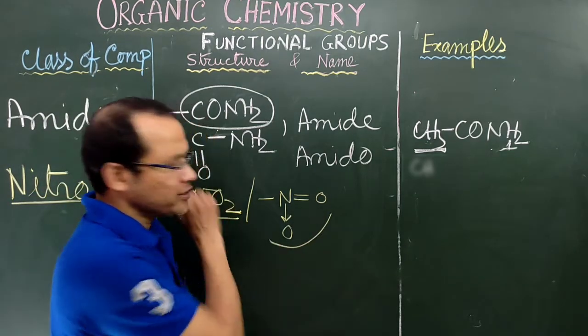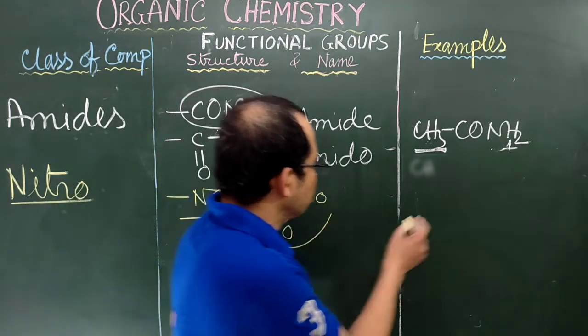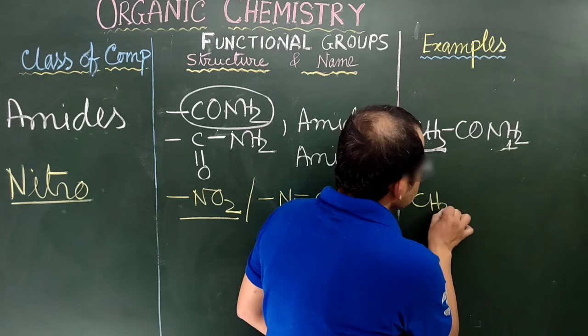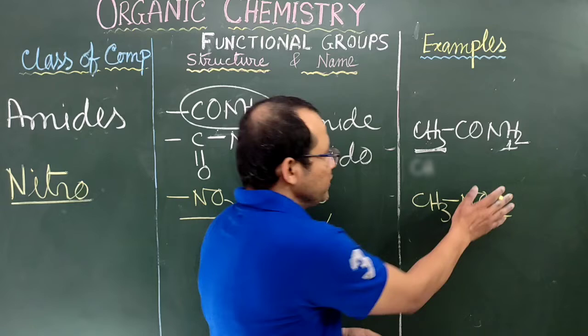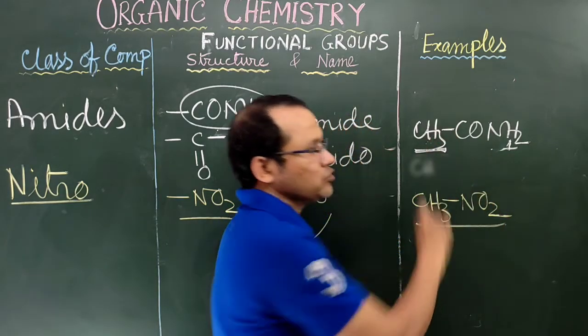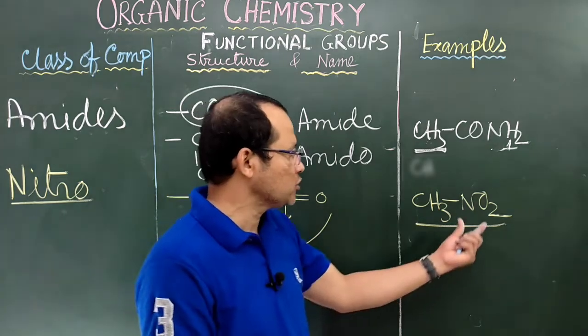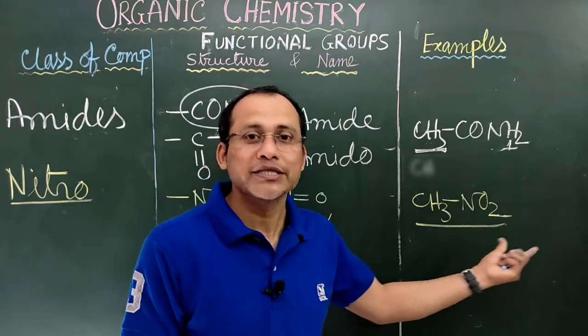This is the actual structure of the nitro group. And if we write down one specific example, this is nitromethane. If we have hydrogen here, then this will be methane, and since the hydrogen of methane is replaced here, this will be nitromethane. Similarly we may have nitroethane also.